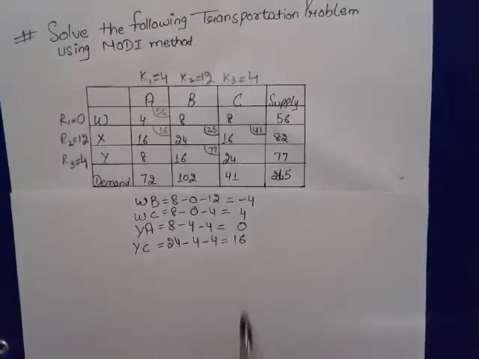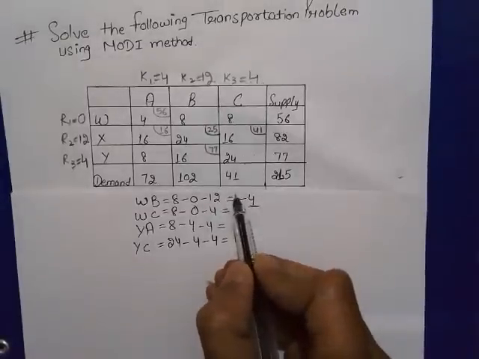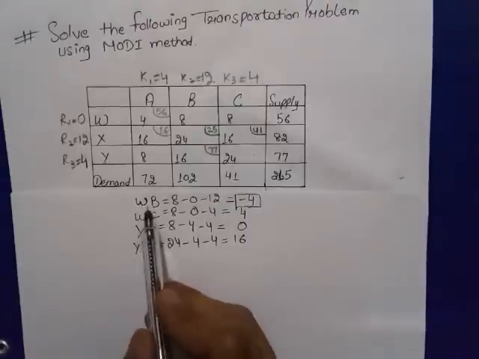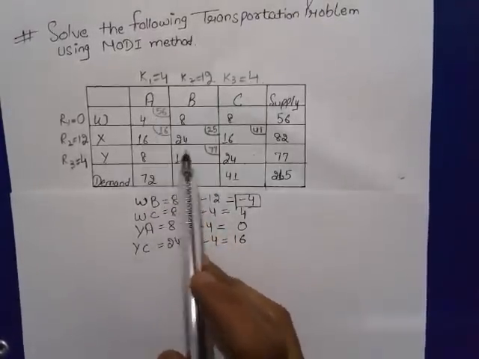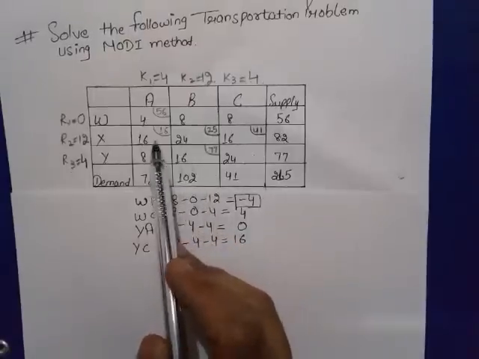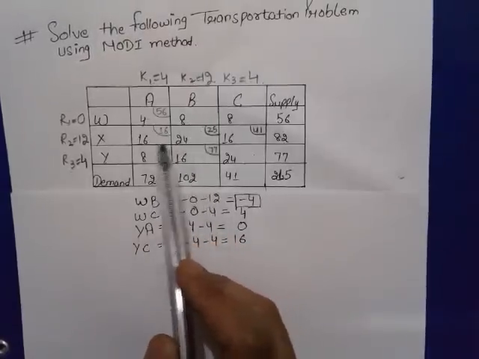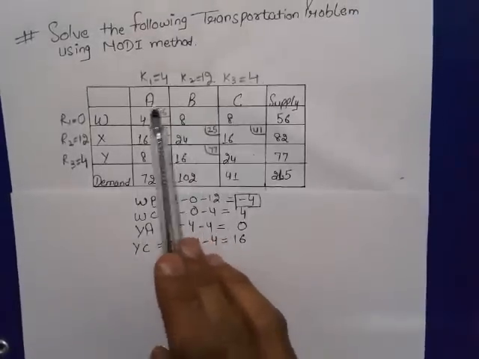Now again there is one value showing a negative sign, so we have to select this value, that is WB. Now select the cell and make the loop. This cell makes the loop in this way: 8, 24, 16, 4. So we have to make changes in these 4 cells.